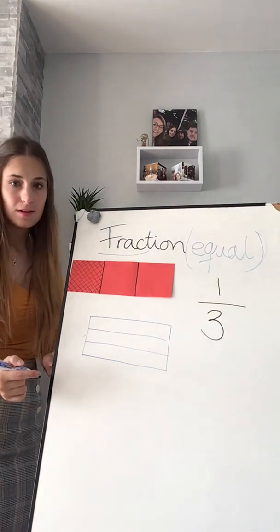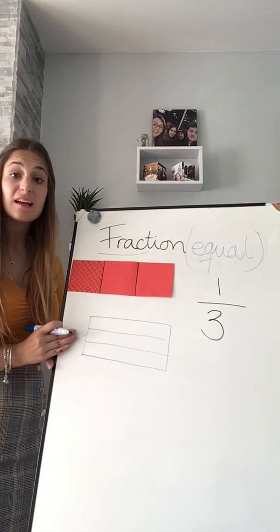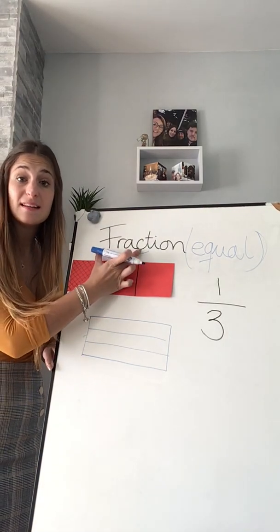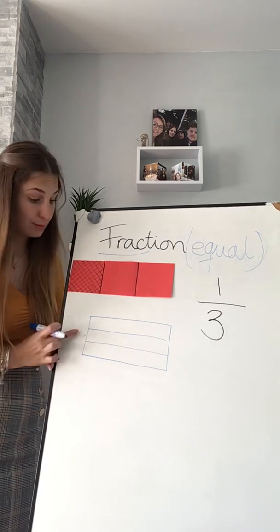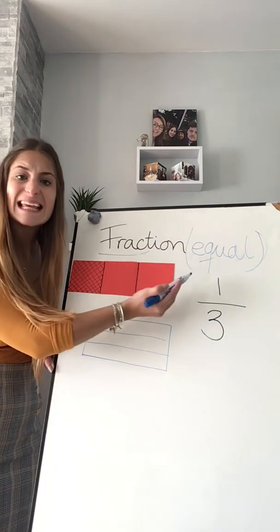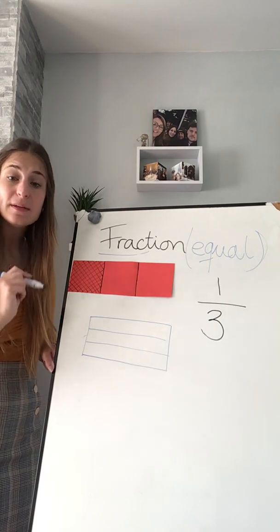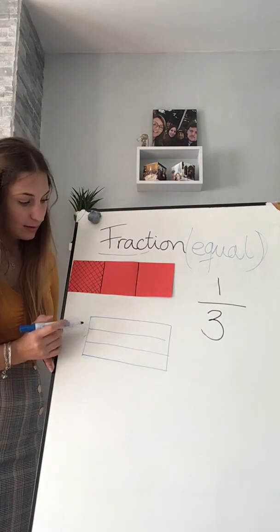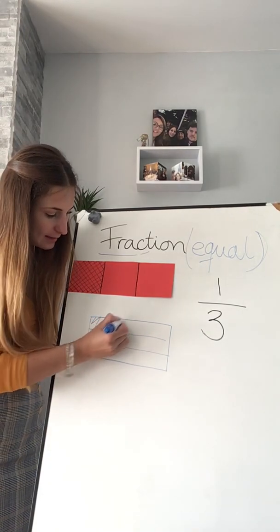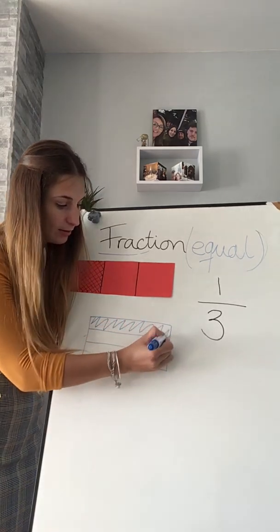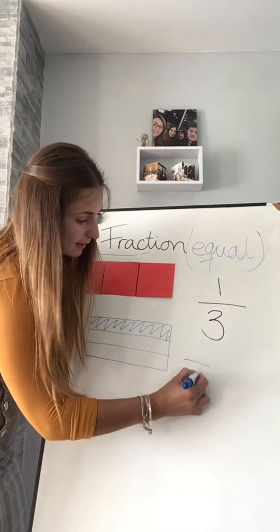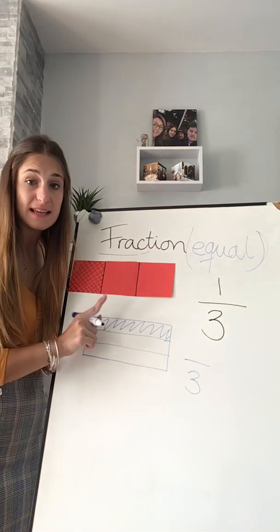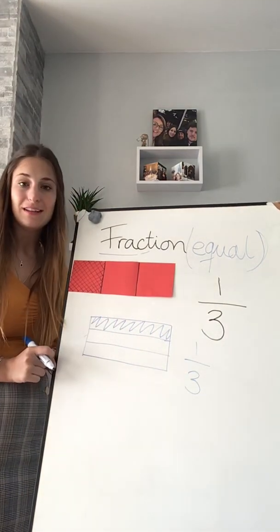So I have an object that is being cut into 3 equal parts, and I am taking 1/3. So it's been cut into 3 equal parts and I'm taking 1 of them.